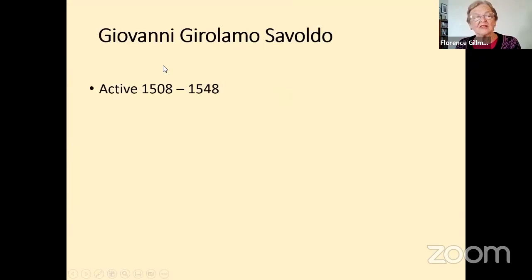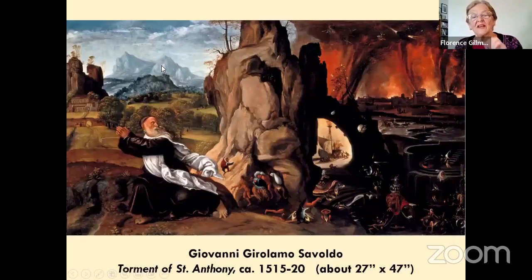Whoops, have a little technical problem here. There. So the Timken has this wonderful, very interesting painting called The Torment of St. Anthony, which, as you can see, was done in the early 16th century.